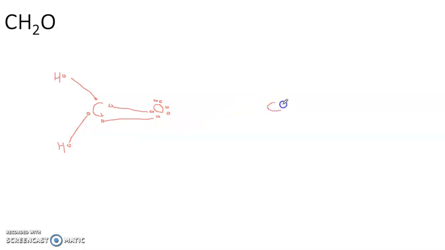So we're going to have C, double bond O, and H. Okay, and our Lewis dots there, like so. That's formaldehyde. One side's very negative. So let's change the pen color.